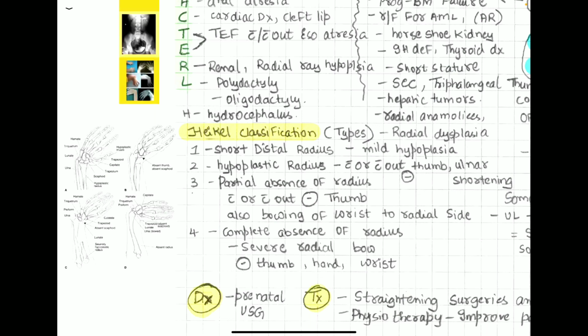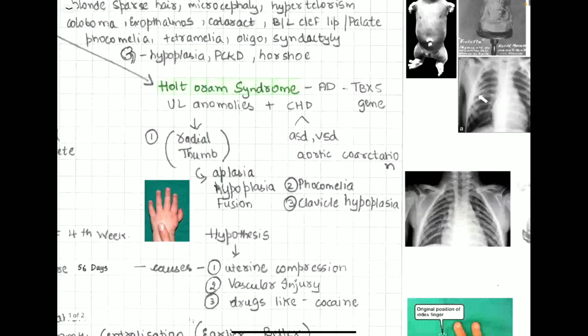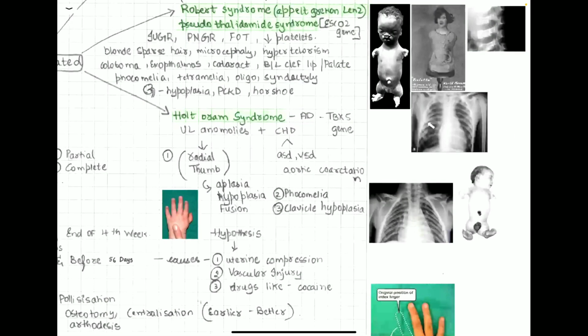There are various syndromes which are associated with radial hemimelia. One such syndrome is Holt-Oram syndrome, which is an autosomal dominant disorder. The gene involved is the TBX5 gene. It is a combination of upper limb anomalies and congenital heart defects.